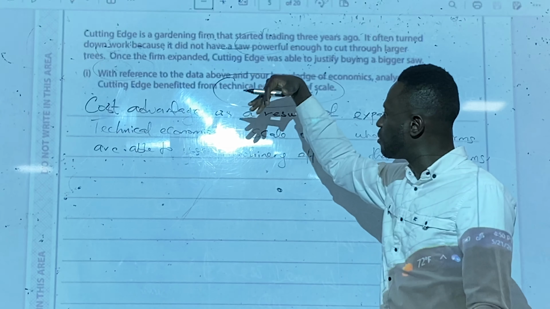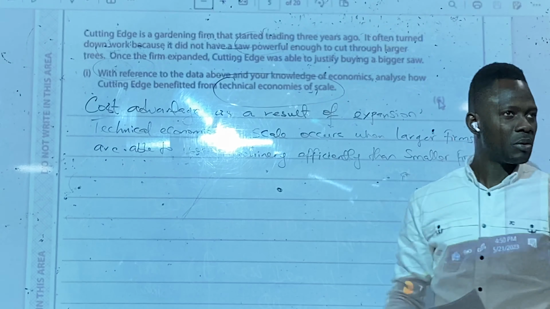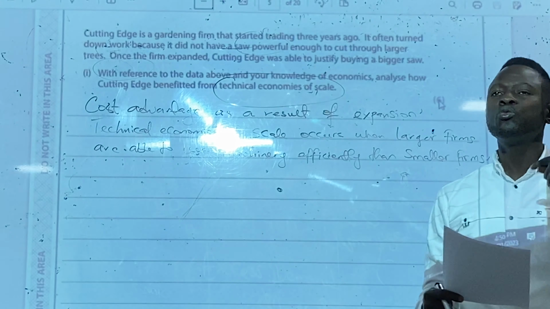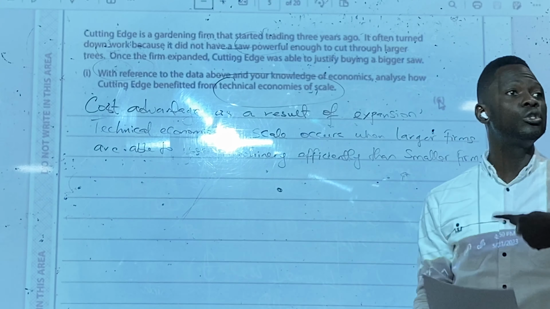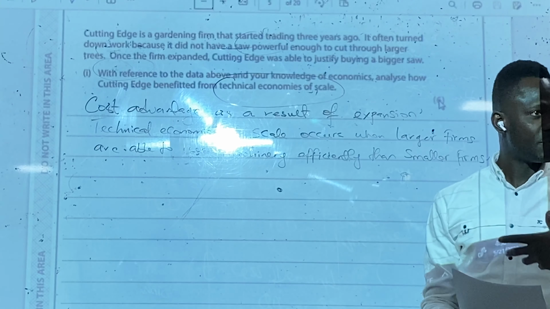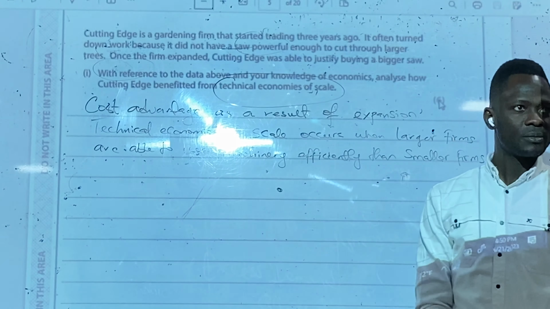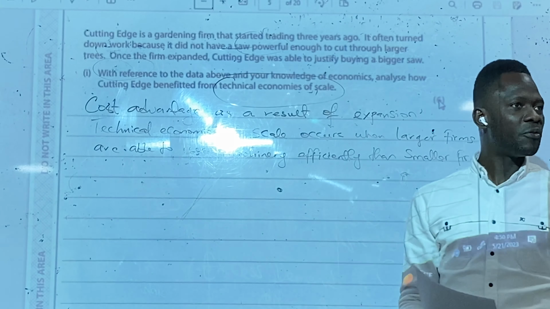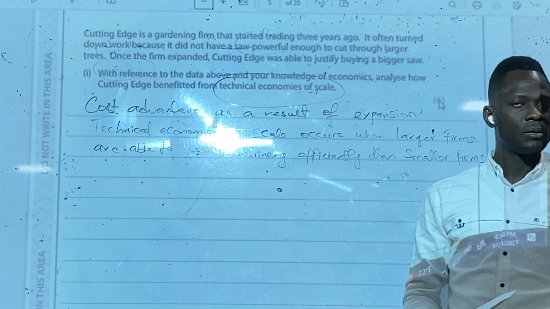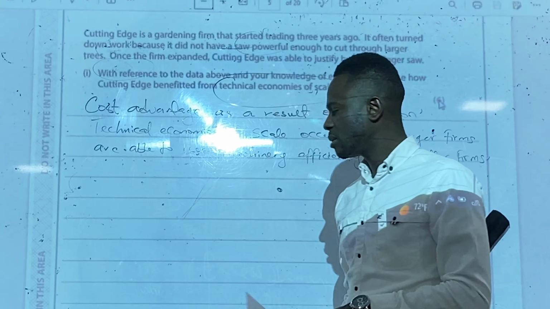Now, what is the benefit of having technical economies of scale? The benefit is that Cutting Edge would not be turning down jobs anymore. Any job they have now, they can do it because they have a bigger saw that can cut down those trees. So this increases the revenue for Cutting Edge. Yes or no? Yes.